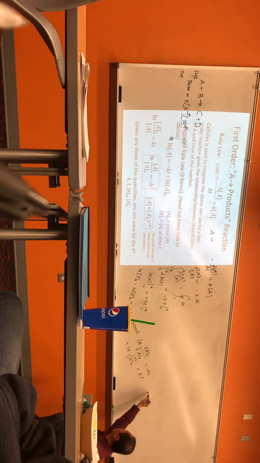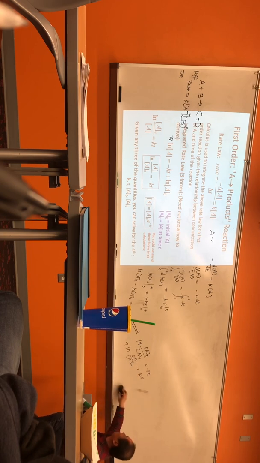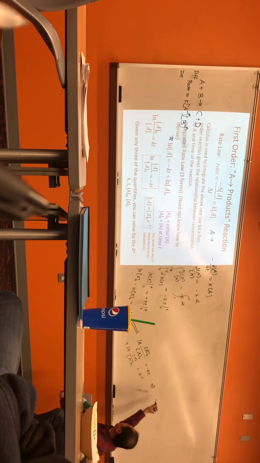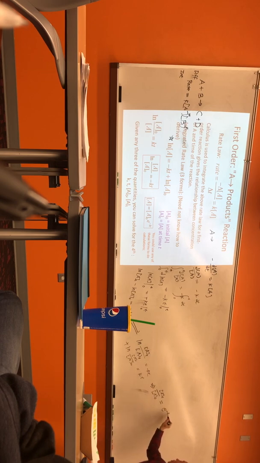So this is equal to [A]t. Okay. I'm going to use this. [A]t over [A]0 is exponential of minus kt. If you multiply [A]0 on both sides, [A]t is [A]0 e to the minus kt. So you need to know this.